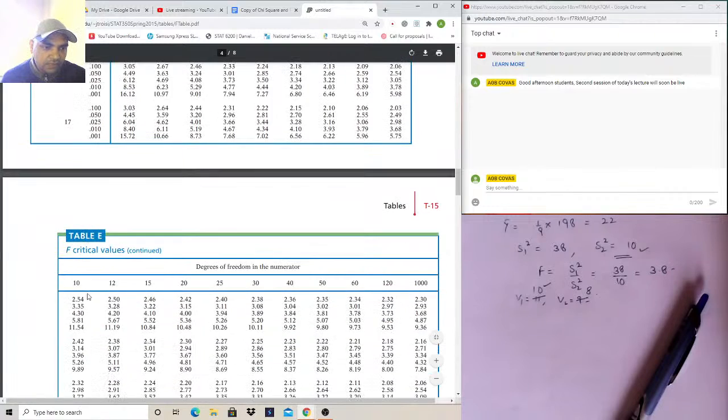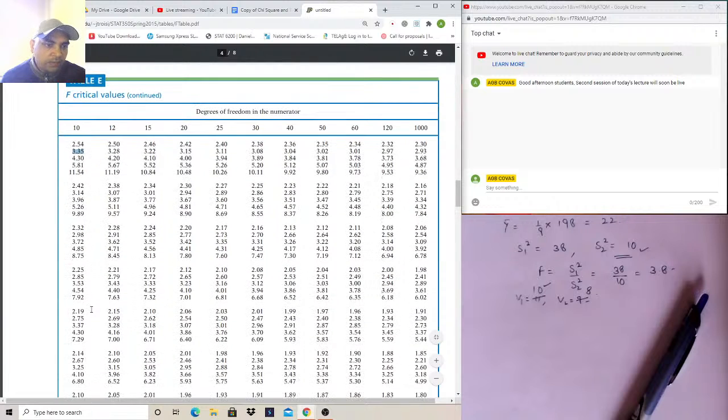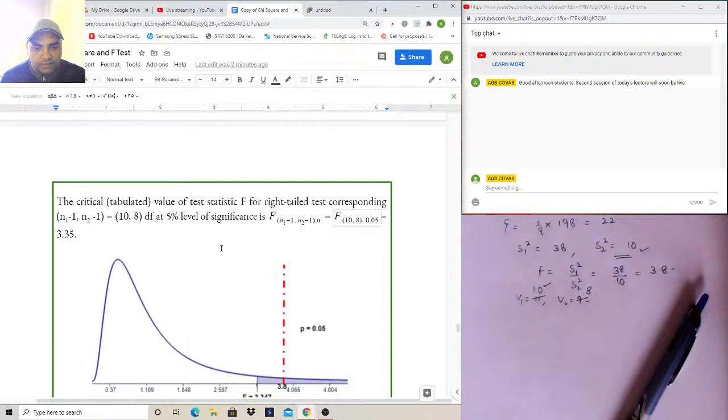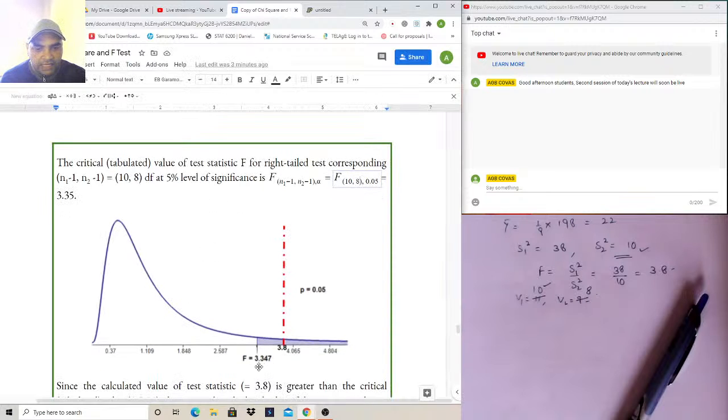So this will be this one, and it is the second value. So it will be 3.35. Here it is written 3.347 up to 3 digits, and when we round off, it becomes 3.35.